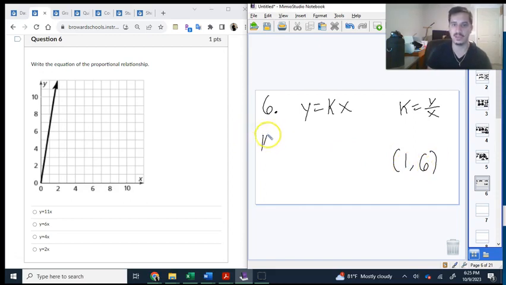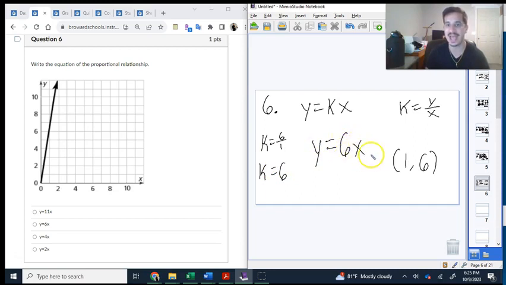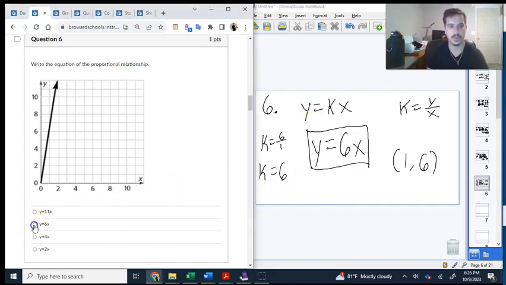So to find k, I do 6 over 1, so k equals 6. Therefore, the equation would be y equals 6x. This is the correct answer. And that is how you show the work for it. Boom. All right. So answer right there. We click it, we move on to the next one.